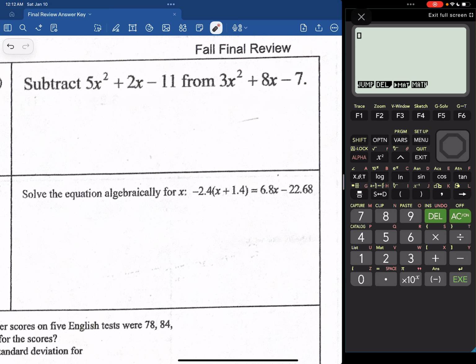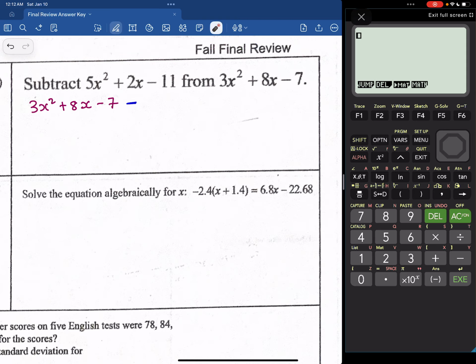So if we write that out, we would have 3x squared plus 8x minus 7, and then we're subtracting this first expression. So you want to put that first expression in a parentheses when we rewrite it.